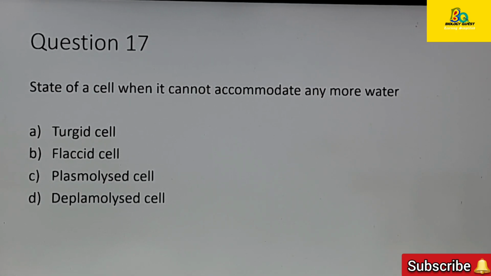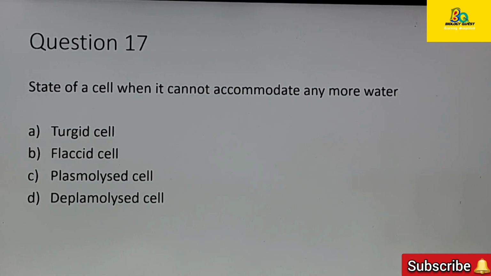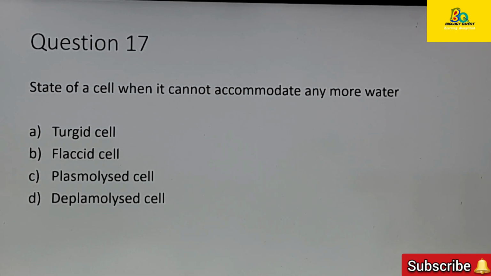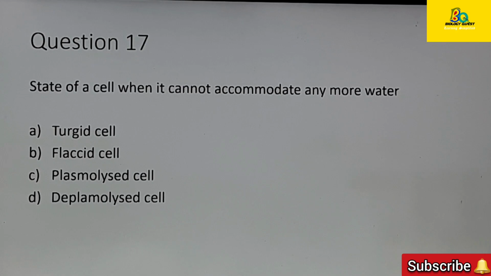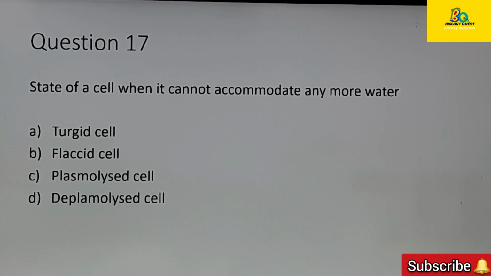Okay, a cell which cannot accommodate any more water is called a turgid cell. Now, what is meant by flaccid cell?